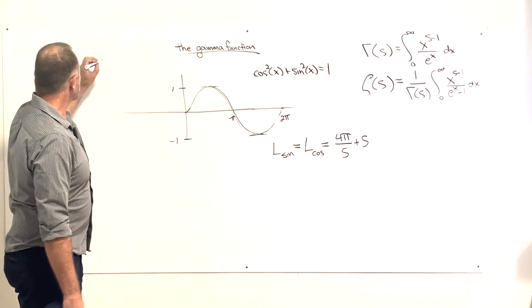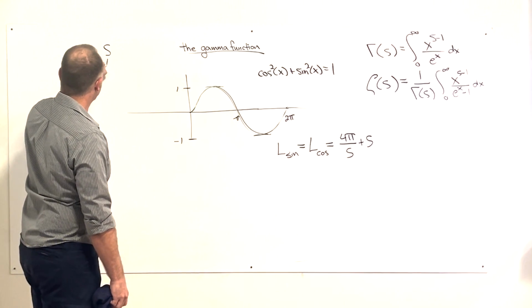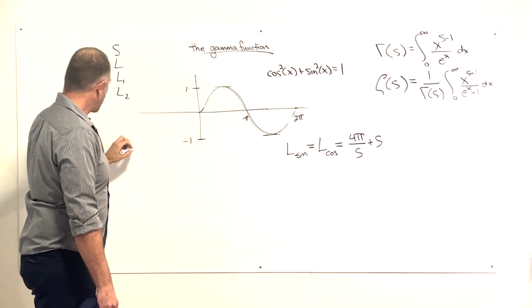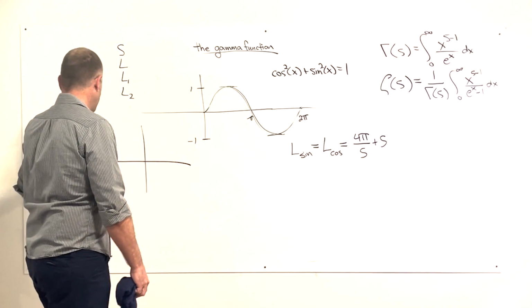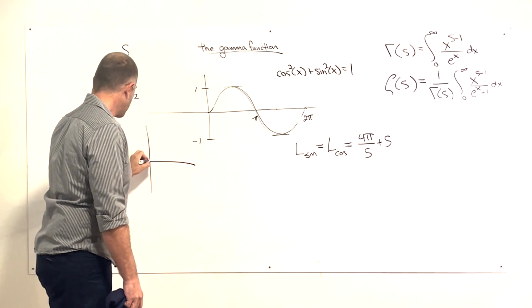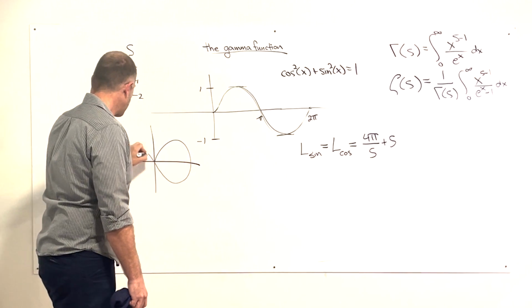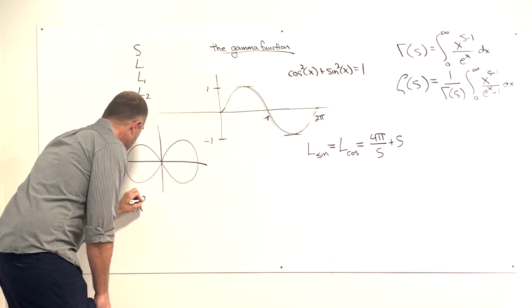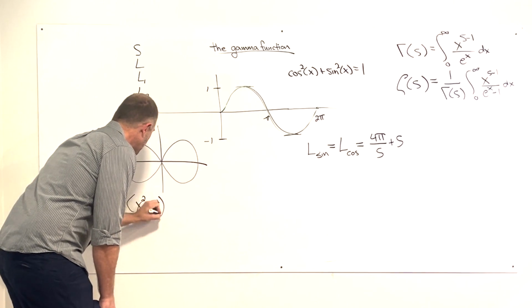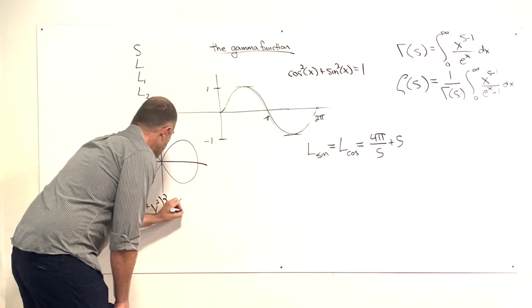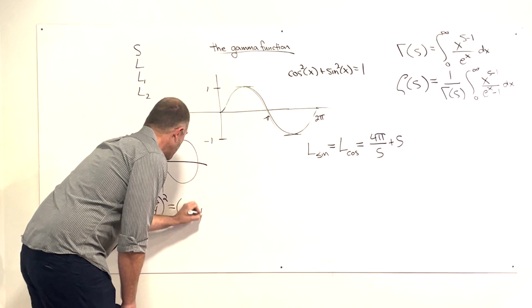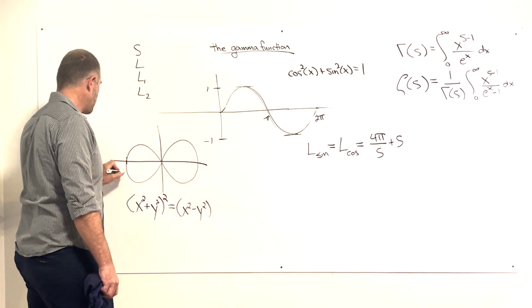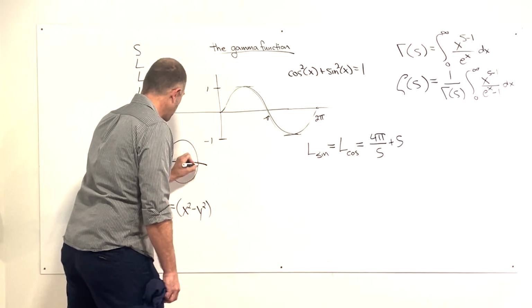There's 4 Lemniscate constants, S, L, L1, and L2. And when we draw the Lemniscate of Bernoulli with equation x squared plus y squared, squared, equals x squared minus y squared, this point is -1, this point is 1.